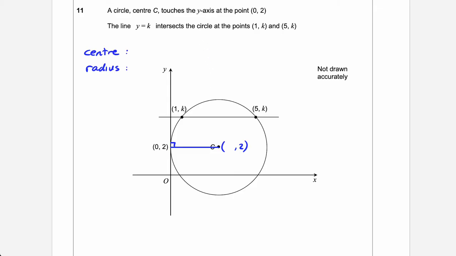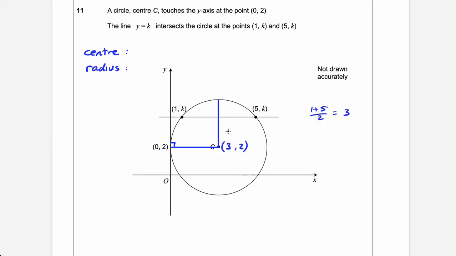Also, if the line y equals k is horizontal, then this line here would bisect that chord, meaning that if this is 1 and this is 5, the x-coordinate in the middle has to be 3, because it's halfway between 1 and 5. 1 plus 5 over 2 is equal to 3. Okay, so the center is (3, 2).